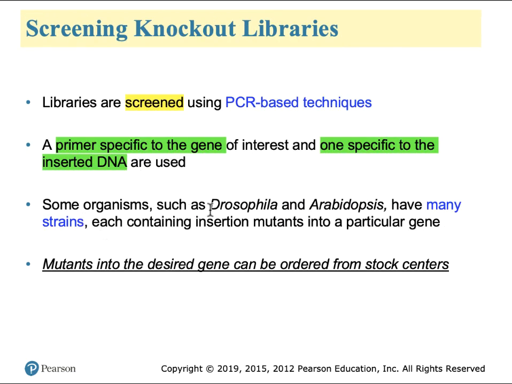So in organisms such as Drosophila and Arabidopsis, which is the weed representing a plant, many strains have now been classified and they are available, and in each strain we know what the genetic arrangement of the gene and its allele as well as the insert is, and these can simply be ordered from a catalog that's available.